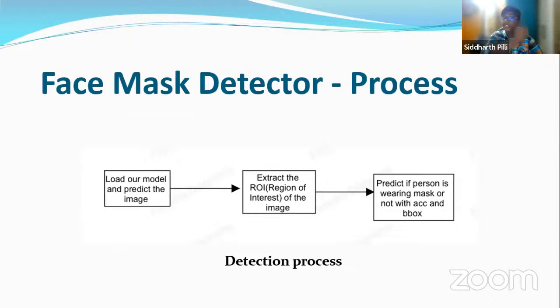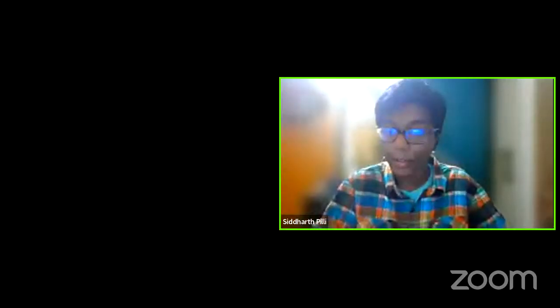B box is basically the square region of where our prediction is happening. So that's basically the detection process and the training process. Hopefully, did everyone understand that? All right, then, great. So with that, let's start and develop our very own application.